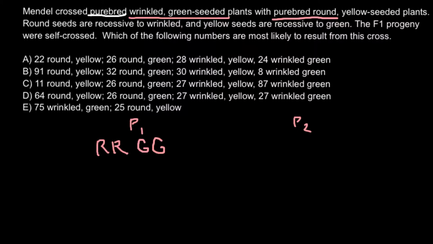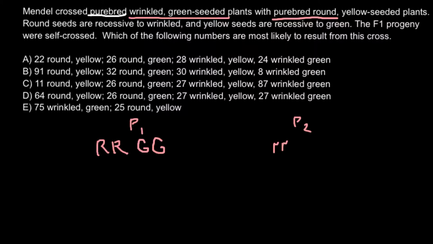And round phenotype can only be made by one genotype, that is small r, because if we had capital R, this would be wrinkled, and if we had heterozygous, this wouldn't be purebred.